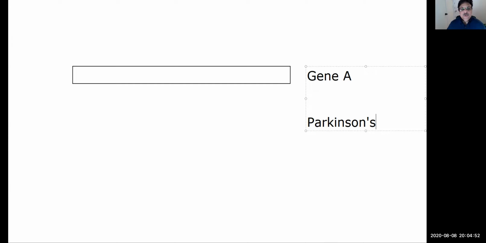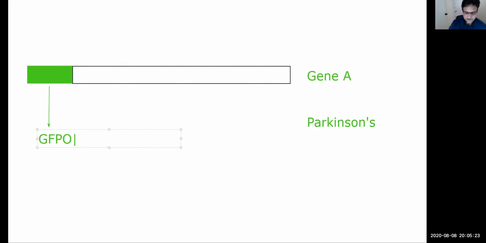So what scientists do, they tag this gene with a green marker, right? What I'm calling a green marker is nothing but another gene that makes a protein, GFP.